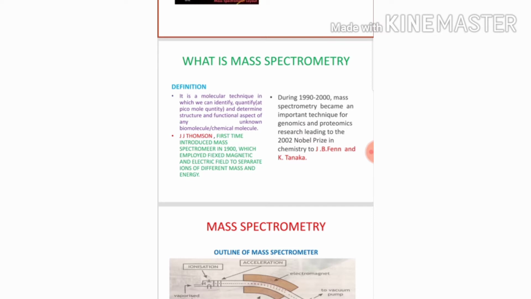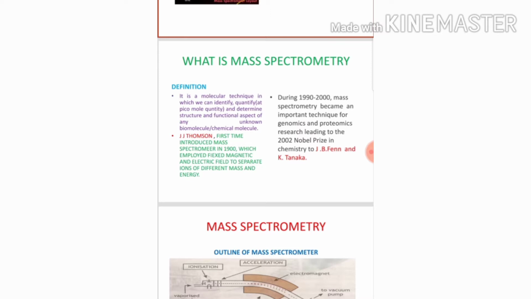First of all, this mass spectrometry was discovered by a scientist, J.J. Thomson, in 1900. Then, in the decade of 1990 to 2000, this molecular technique was so popularized that genomics and proteomic research work was totally based on that technique.